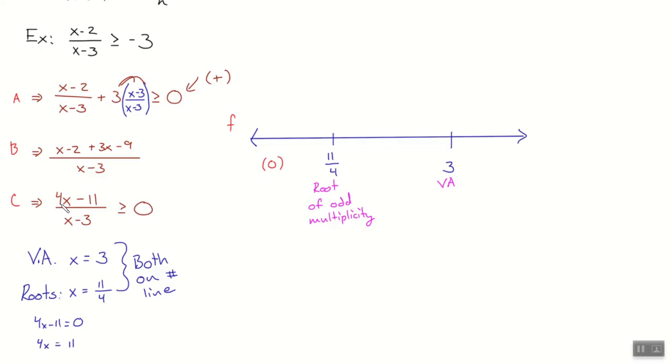If I plug in a 0, I get 4 times 0 is 0 minus 11, so I get negative 11, over 0 minus 3 is negative 3. Don't really care that it's 11/3, but I do care about the sign. It was positive. Now, I'm just going to double check if I had plugged it in here instead. Negative 2/3 plus 3, is that also positive? Yeah, negative 0.67 plus 3, definitely positive.